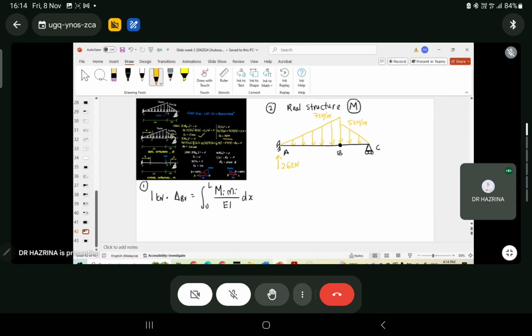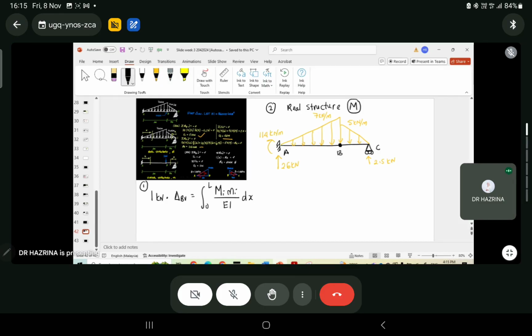And then we have VC here, which is 2.5 kilonewton. And then we have MA, which is 114 kilonewton meter.